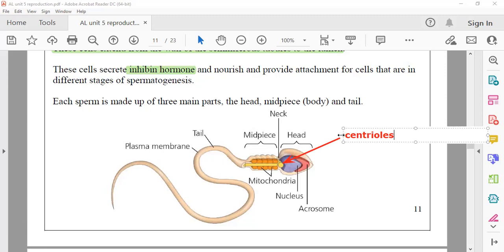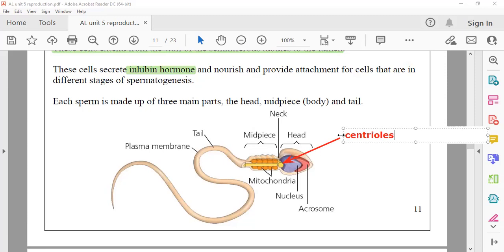Nucleus and acrosome. The acrosome, in those days we were teaching the children, is a modified lysosome.